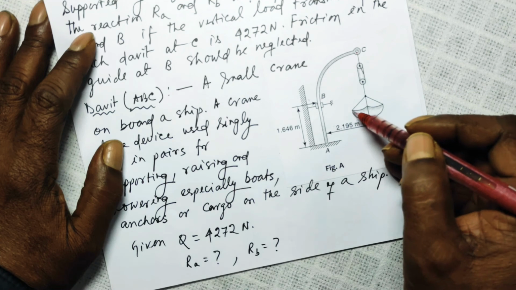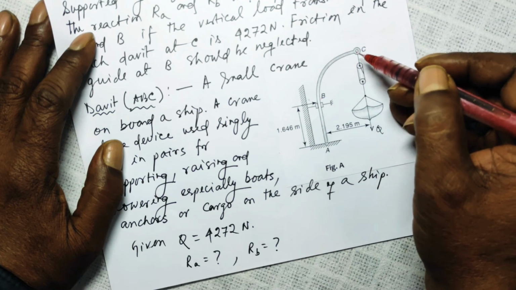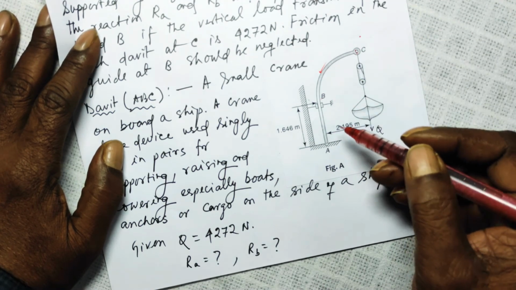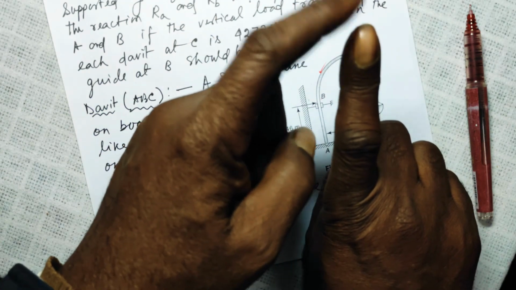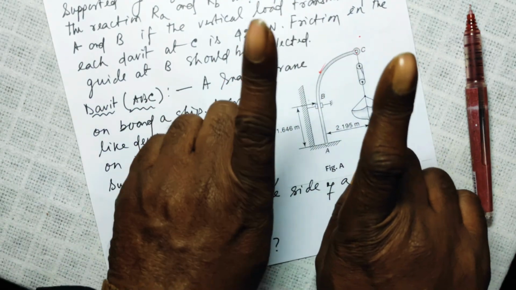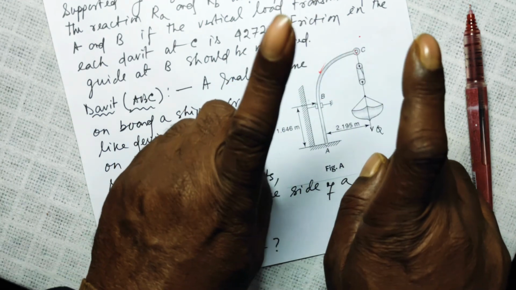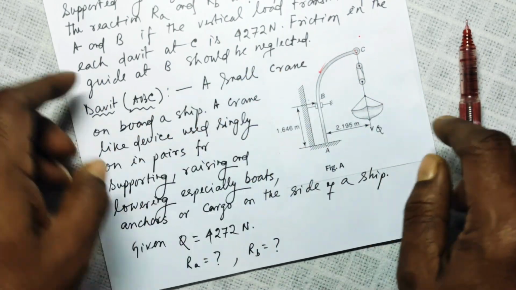This is a boat which is hanging from this davit, and on the other side of it, there is another such. Means there are two such things. This is the tip of one, and this is the tip of another. And from here there is a suspension cable, and this boat is hanging from that.